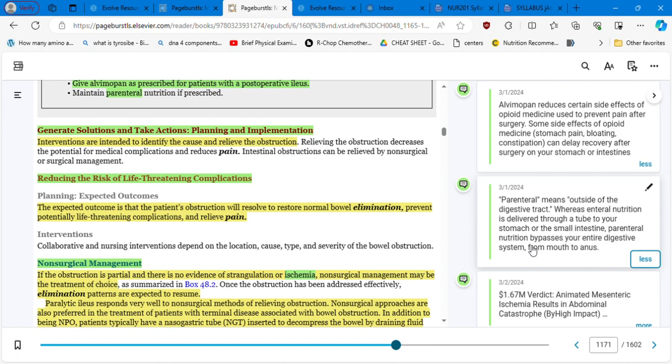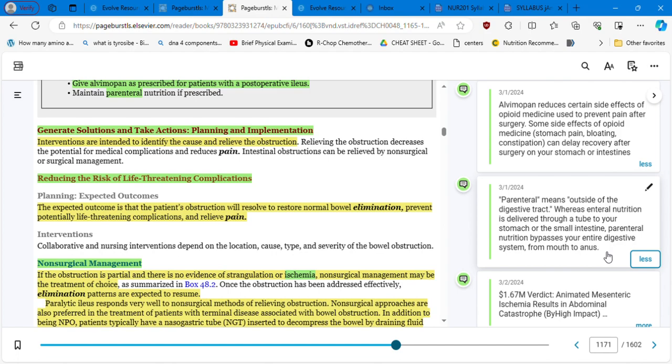Parenteral nutrition bypasses your entire digestive system from mouth to anus. So when you have an order for enteral nutrition, you use a tube connected to the stomach or the small intestine, so the enteral nutrition enters the GI tract. Parenteral is given by IV.